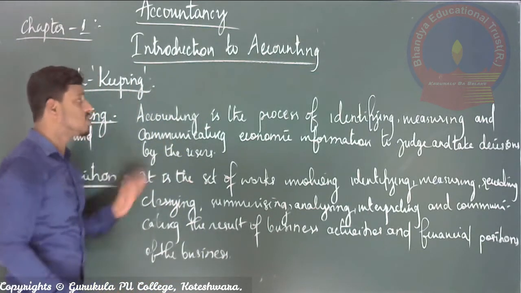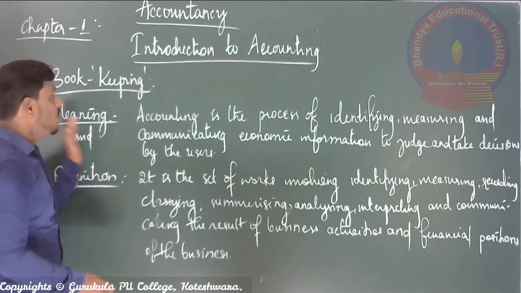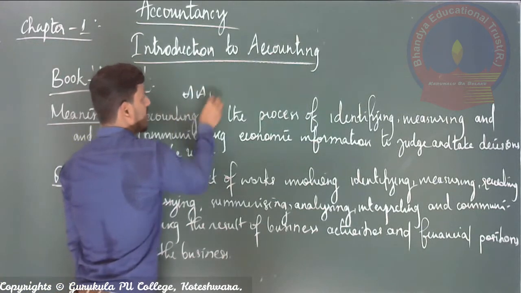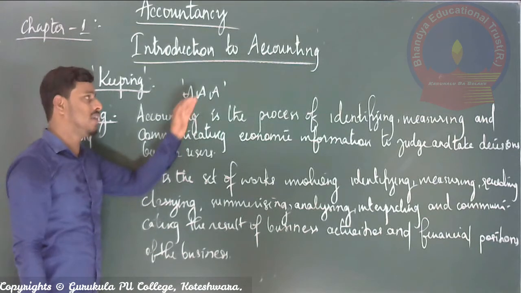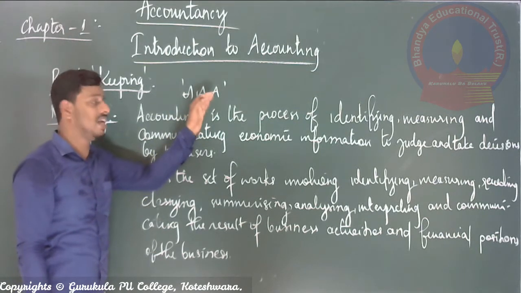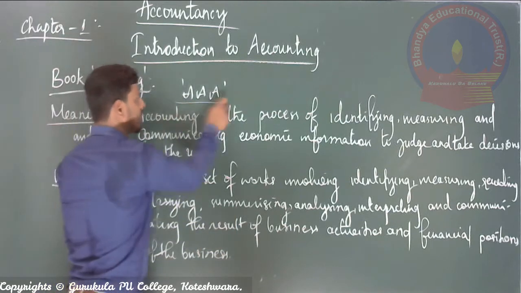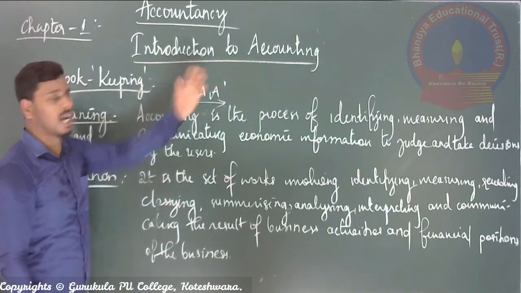And next is the meaning of accounting. Accounting is defined by the American Accounting Association, called AAA. This is an association established in America that gives us one definition for the term accounting.